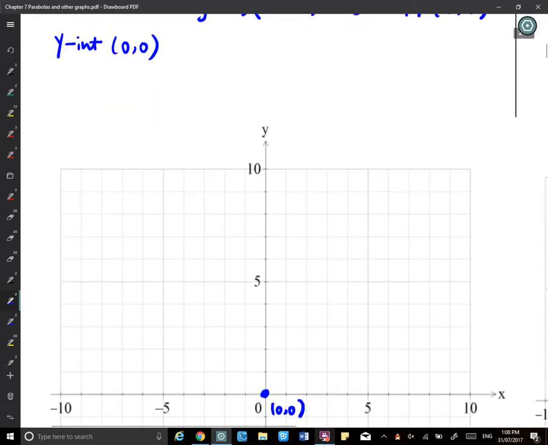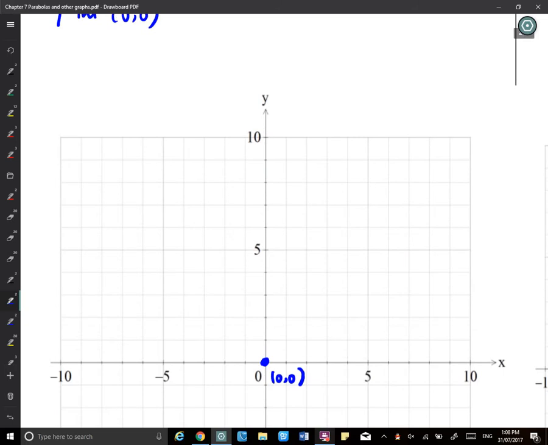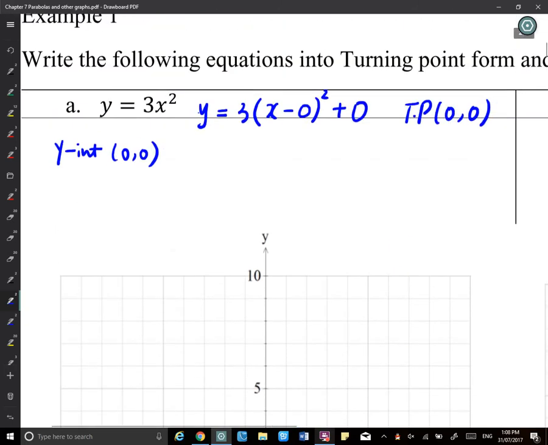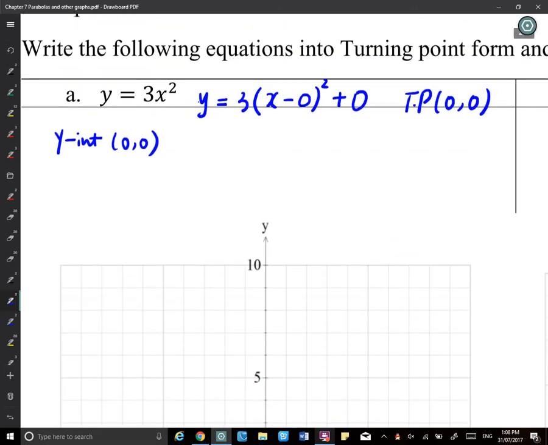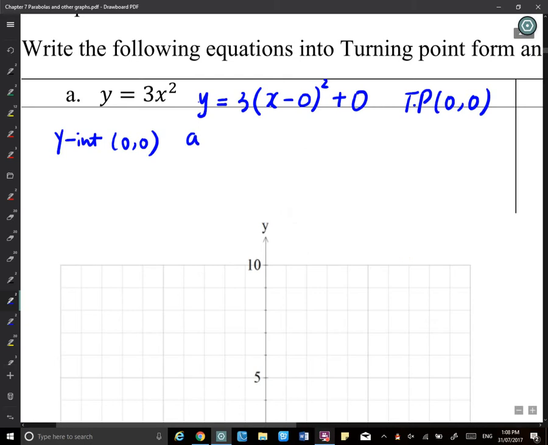It's the same point. The x-intercept is the same as the turning point and the y-intercept. And then I will think about the value of A. A equals 3, which is greater than 0. So I will have this shape.